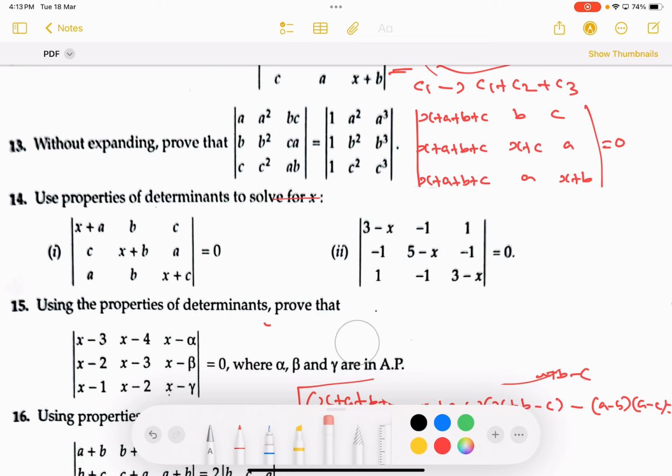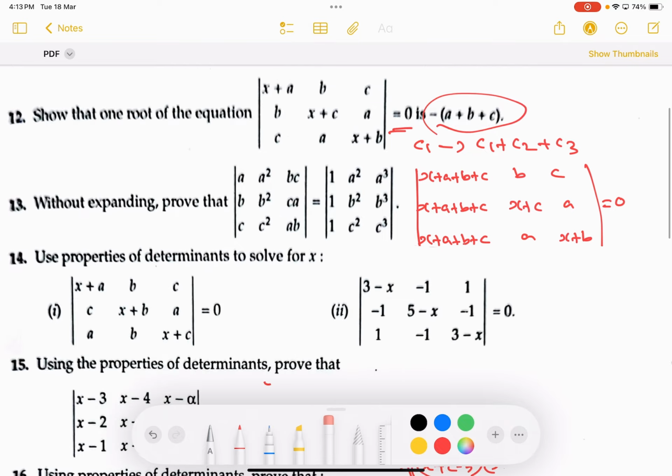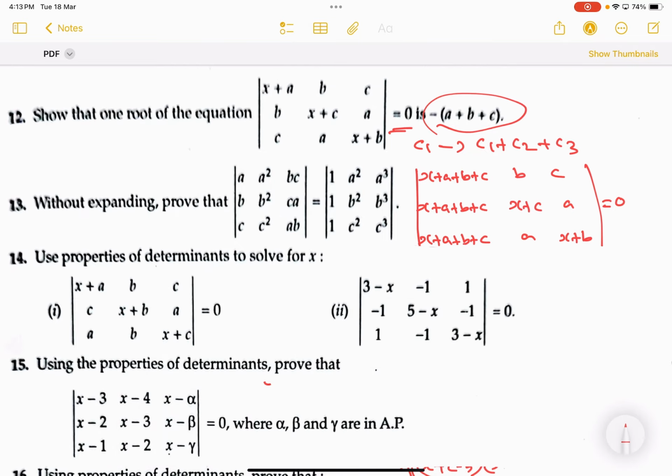If they are telling to solve, you can proceed this all. Okay, I proceeded that. But they are asking according to the question, if you have to perform, it is enough to show here. Take x plus a plus b plus c outside. And you are getting 1bc, 1x plus ca, then 1a x plus b, which is equal to 0.